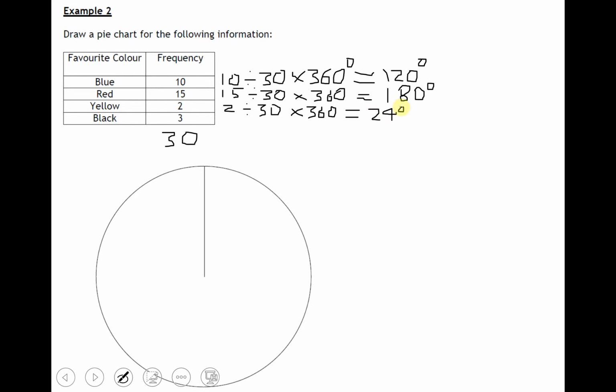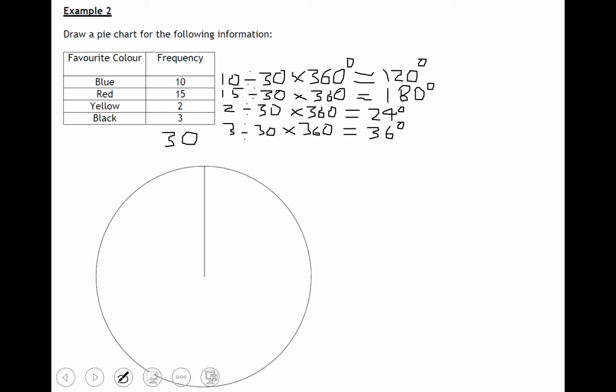And finally 3 divided by 30 times 360 will give us 36 degrees. And a quick check, all those angles should add up to 360 degrees. So 120 and 180 add up to 300, add 24 is 324, plus 36 is 360.